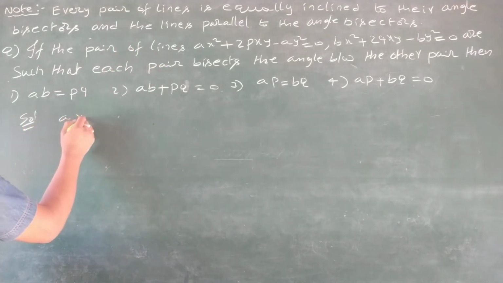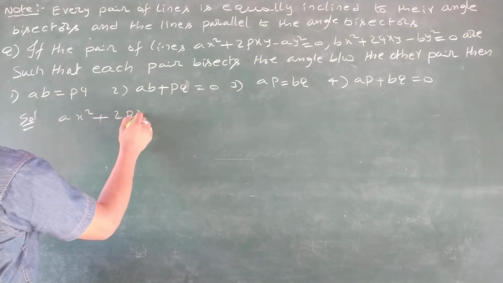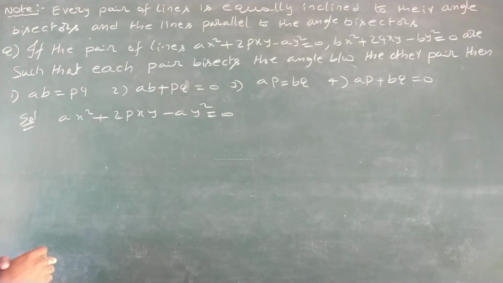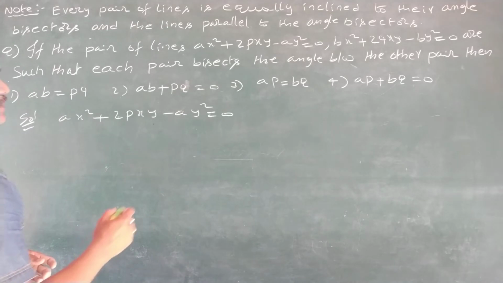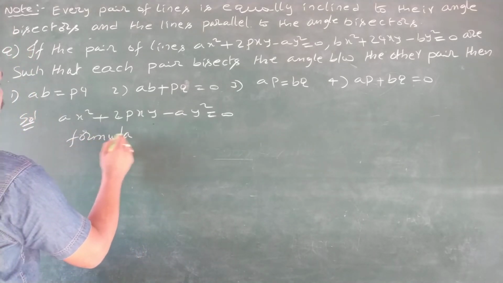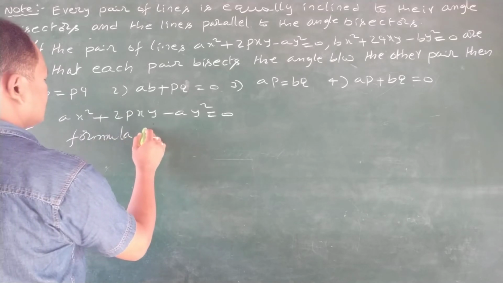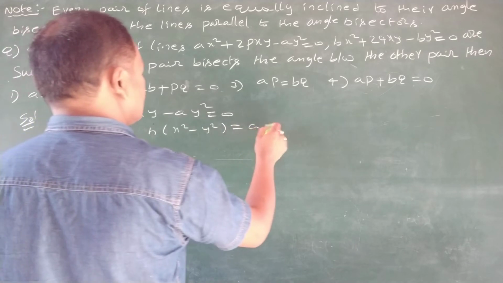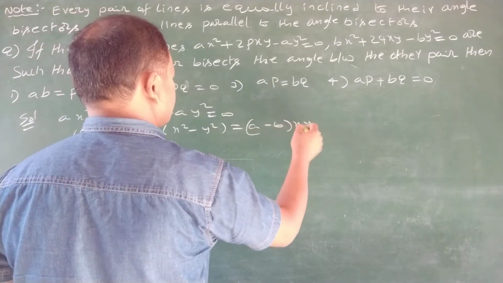Given ax square plus 2pxy minus ay square is equal to 0. It's a bisector equation. What is the formula? The formula for the angle bisector is h into x square minus y square is equal to a minus b into xy.